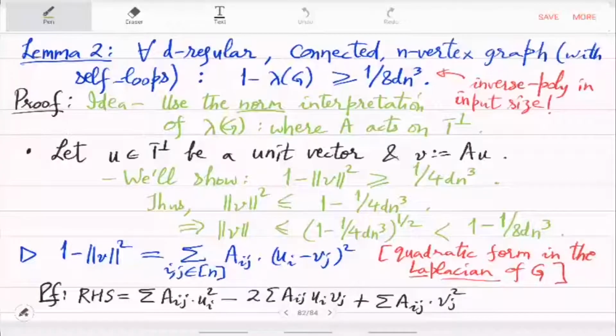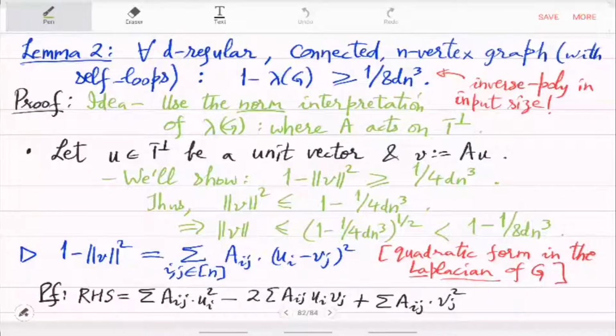Second lemma we showed is that lambda is below 1 and sufficiently away from 1, it is not exponentially close to 1. And this we showed using the Laplacian of the graph, the sum of A_ij (u_i minus u_j) squared.